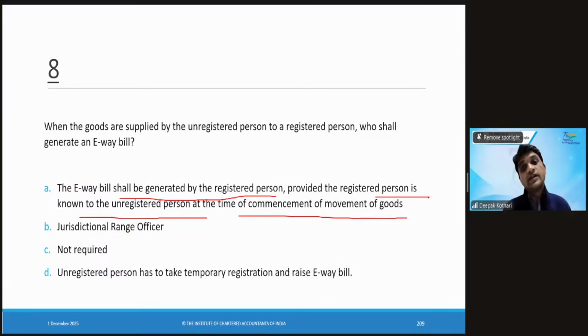But when the registered person is known to the unregistered person, before commencement he will communicate the invoice numbers, the invoice details, and the vehicle number. So it is the registered person's responsibility. If you're supplying to a registered person, then the registered person has to raise it. If he doesn't raise it, then the goods can be said to be supplied without an e-way bill, and they will be liable for confiscation.